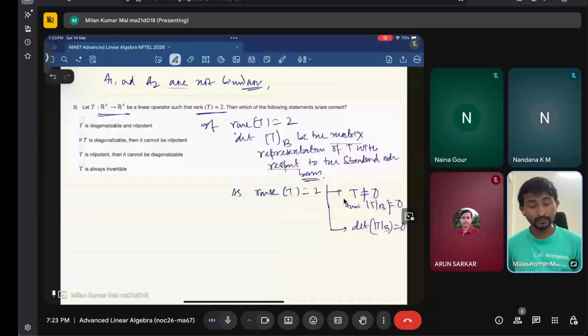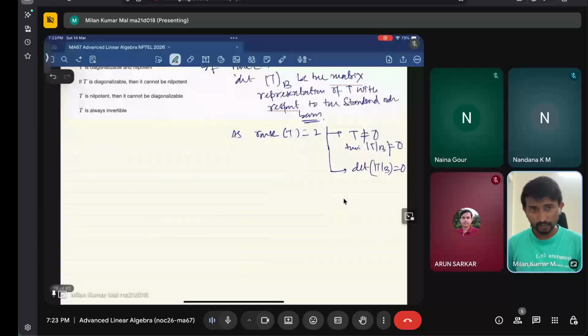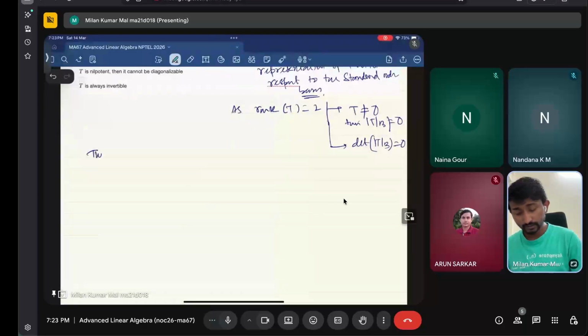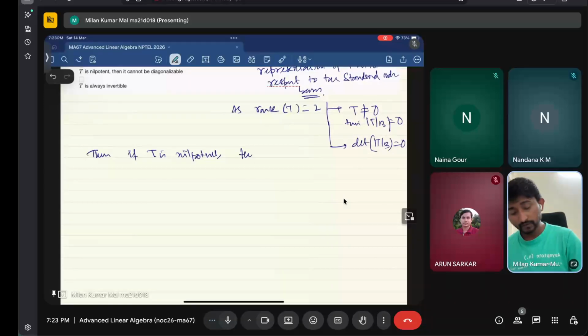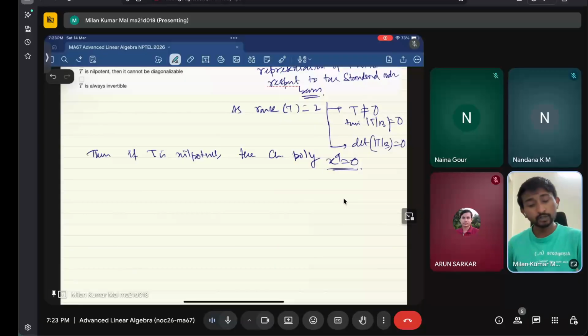So if T is nilpotent, then the characteristic polynomial should be x to the power 4 equal to 0.